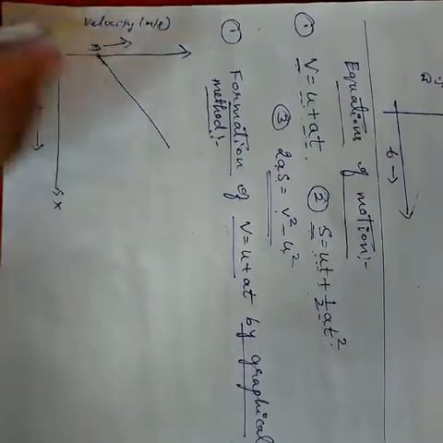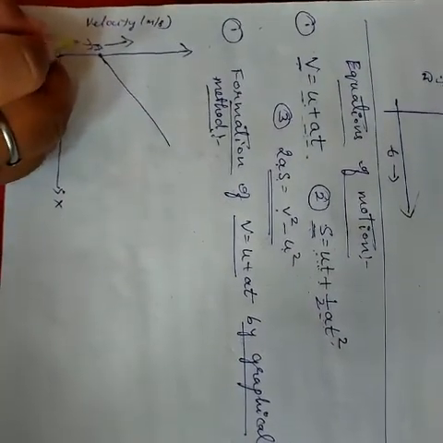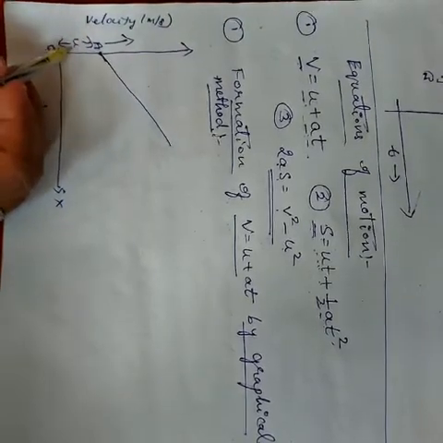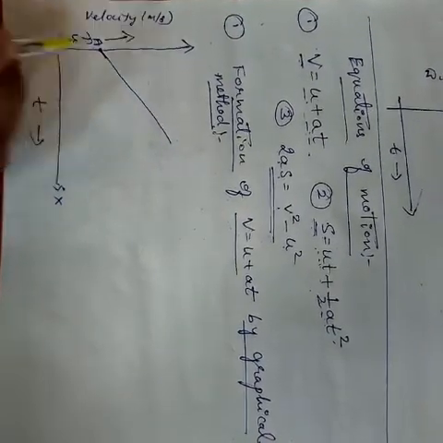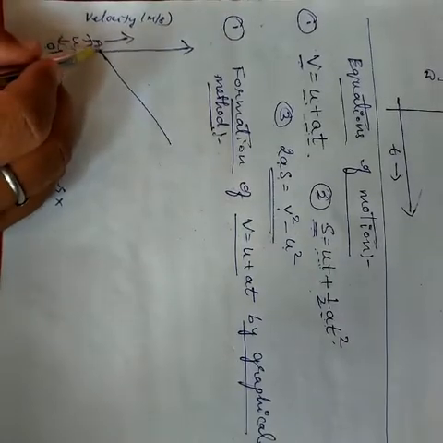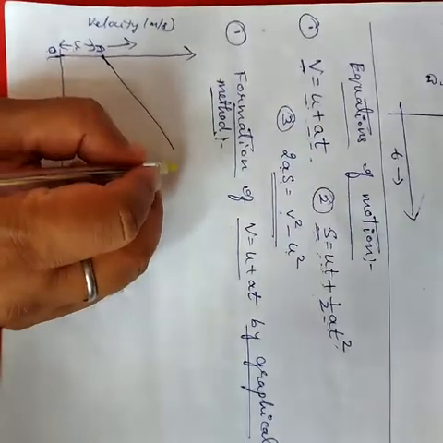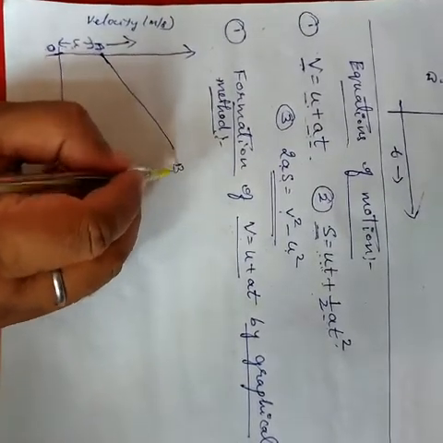It is the initial velocity, at rest. The initial velocity is denoted by small u. Then the object moves on to point B.